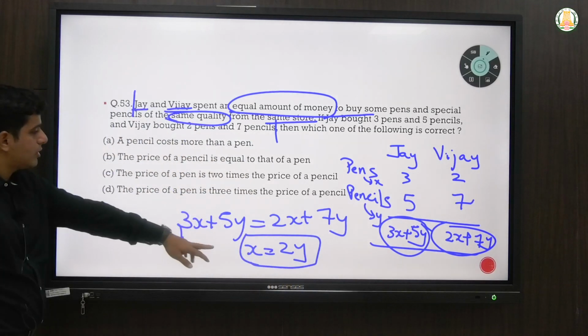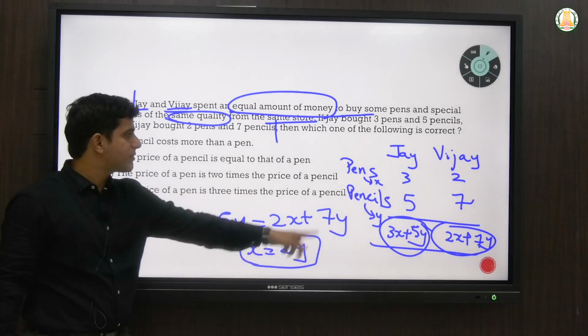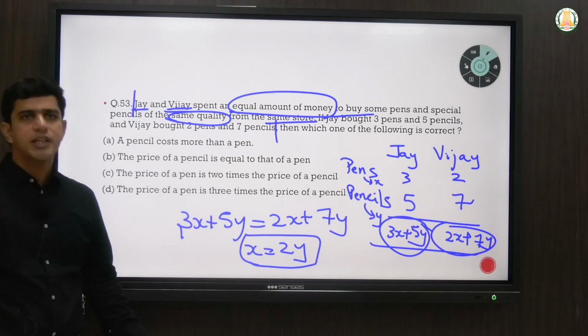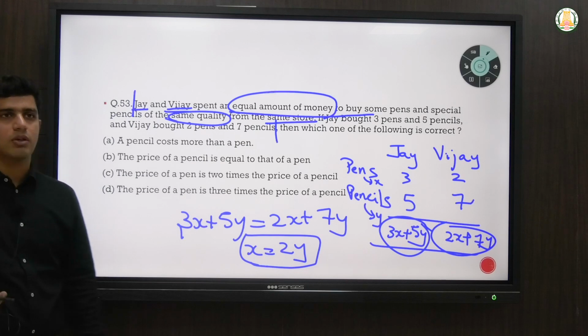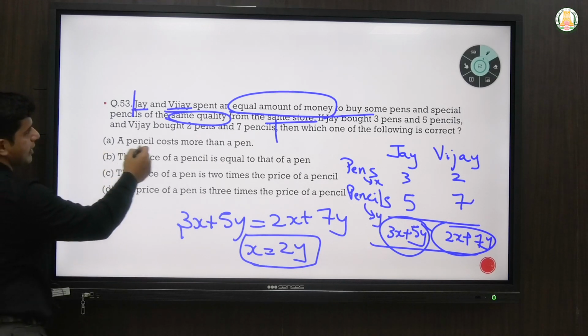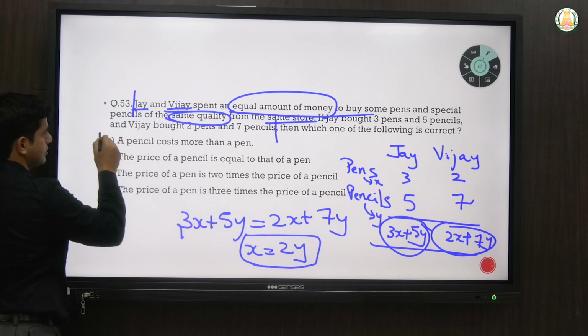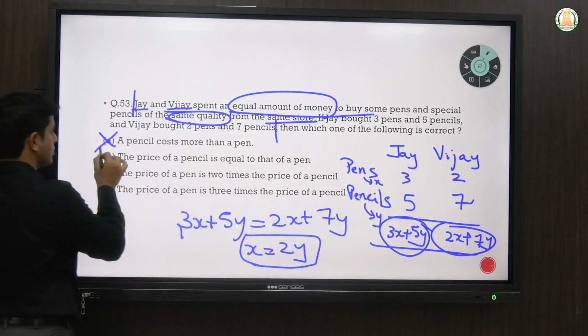Okay, that means x is what? Cost of pen. So cost of one pen is 2 times cost of pencil. That means pen is costlier. Intuitively also, it need not be here, but intuitively also the cost of a pen is more than the cost of a pencil. So here what is he saying? A pencil costs more than a pen, which we have seen is wrong. The price of a pencil is equal to that of a pen. This is also wrong.